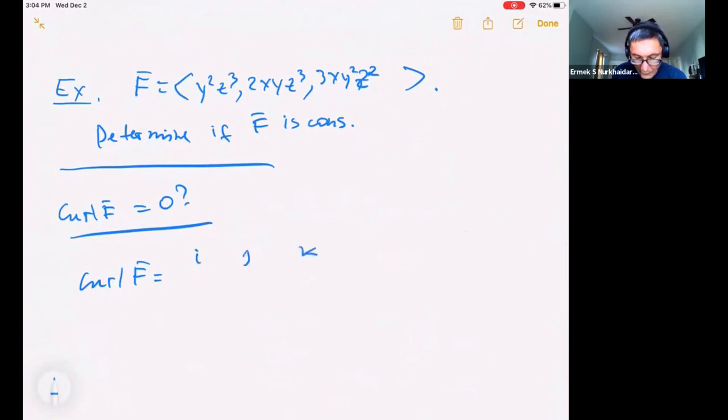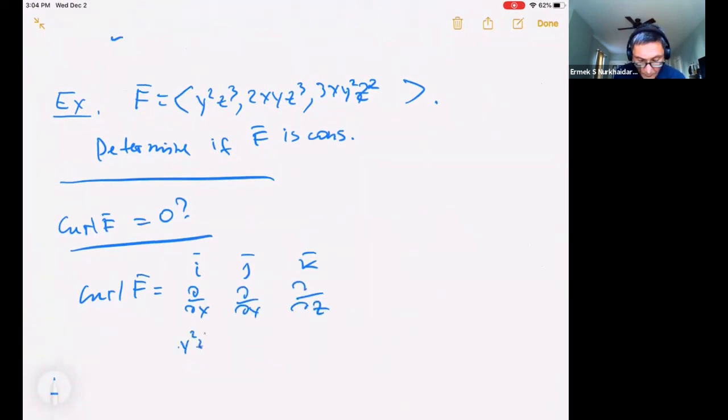i, j, k. Derivative with respect to x, derivative with respect to y, derivative with respect to z. Then 2xyz cubed and 3xy squared z squared.